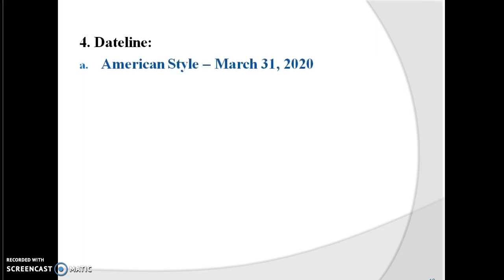Now the next element of a letter is a date line. It's a very important element of a letter, and it is written in two styles. Number one, it's American style, where you mention MM DD, YY. The second style is DD MM, YY.